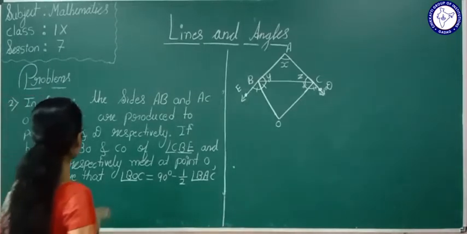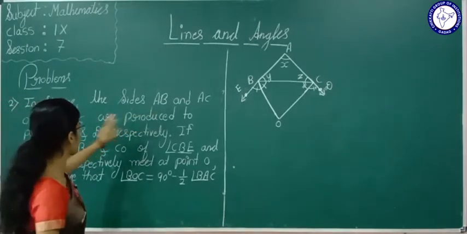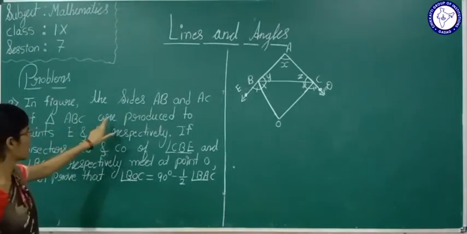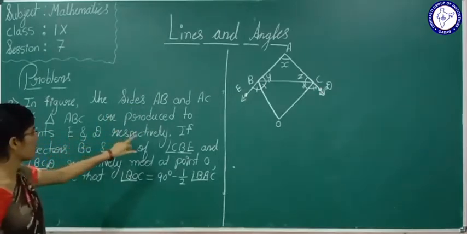Now see students, the second question tells us that in the figure the sides AB and AC of a triangle ABC are produced to points E and D respectively.